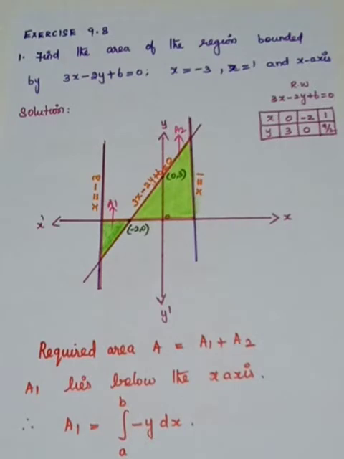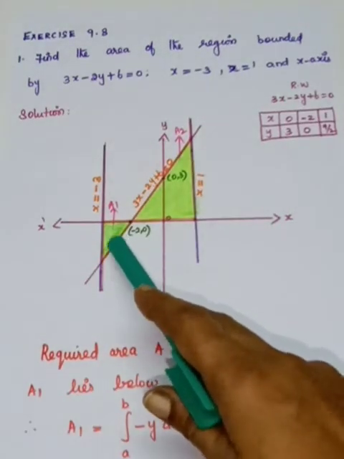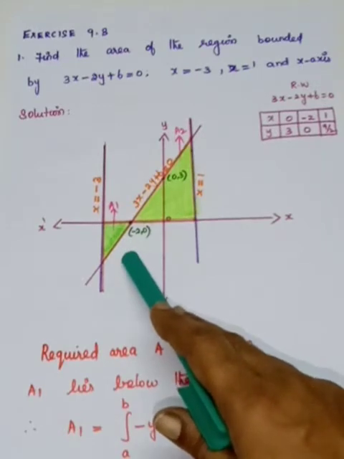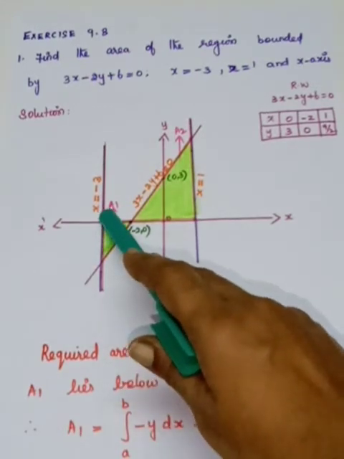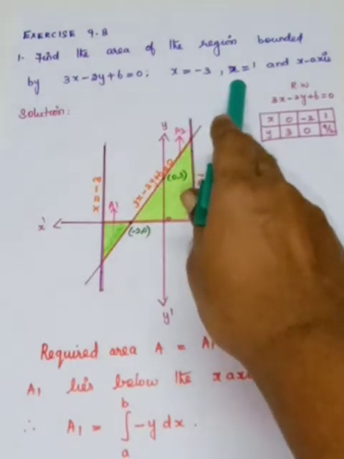Both the areas are under the bounded region. Okay, so A is equal to A1 plus A2. But here your A1, where is it? It lies below the x-axis. Why do we have to choose the x-axis? Your lines are given, the limits are given in terms of x equal to minus 3, x is equal to 1.